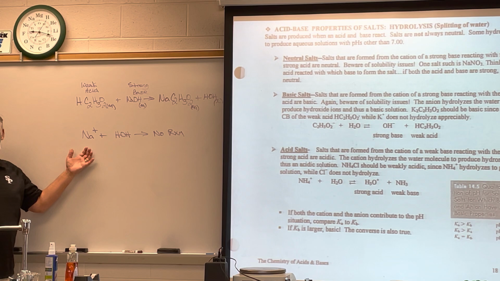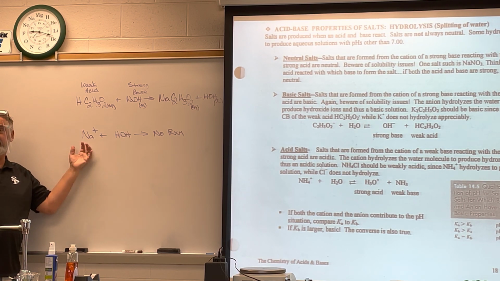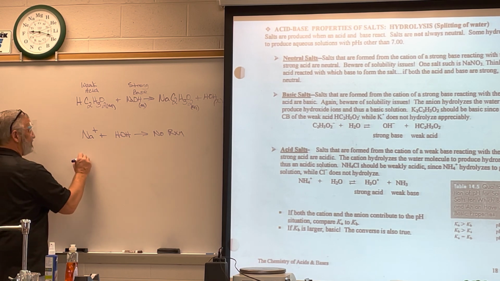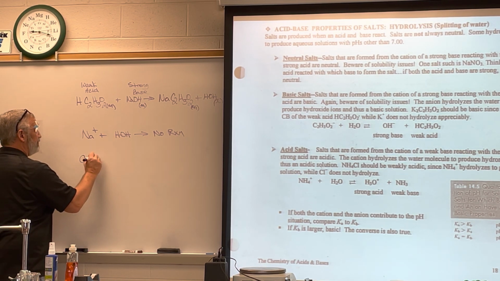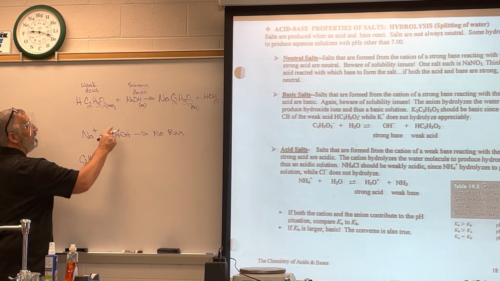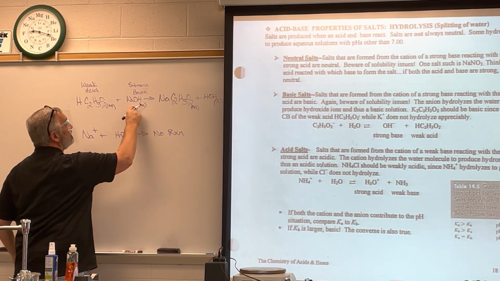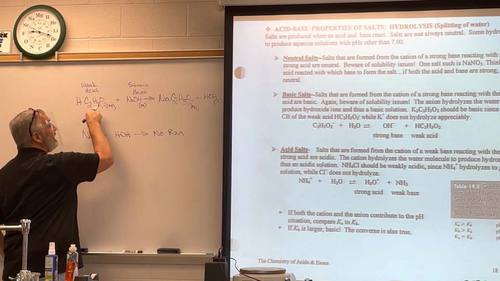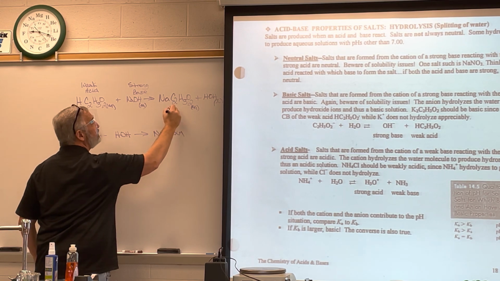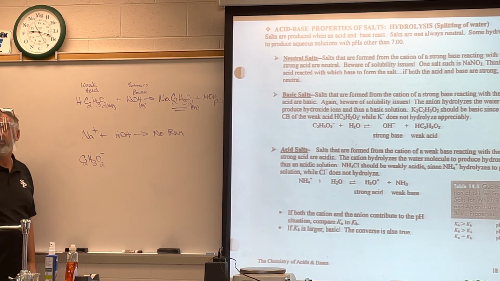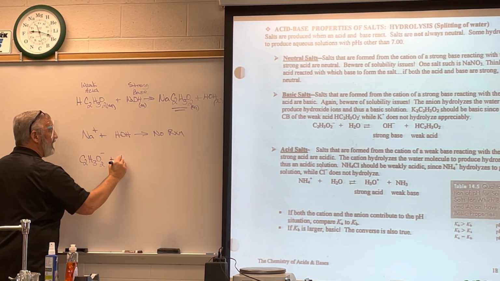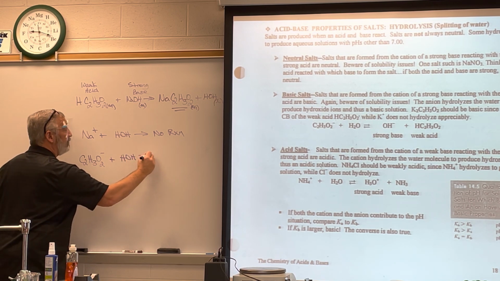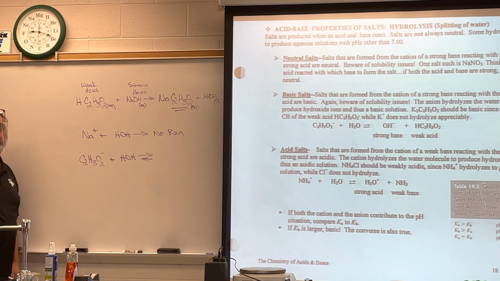It's a spectator. Sodium's always a spectator ion. It just floats around and doesn't react with anything. But this acetate, C2H3O2 minus, it's from a weak acid, which makes it a stronger conjugate base. So it can actually react with water, and if it's a base, what does it do with hydrogens?